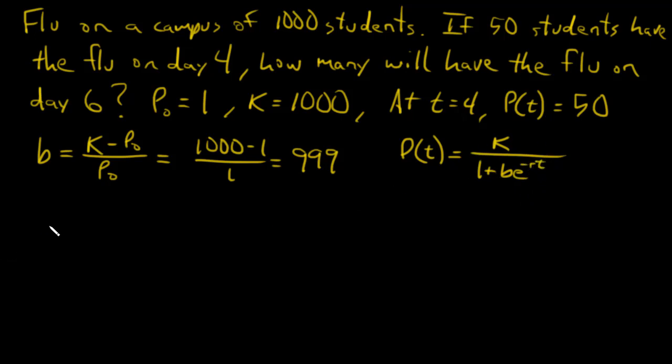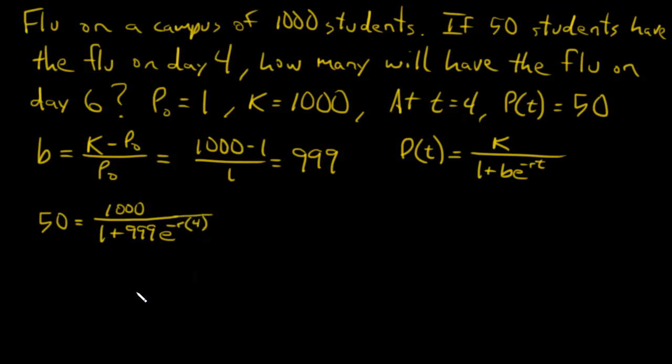Okay, so we're going to have 50 is equal to 1,000 over 1 plus 999 for B times E to the negative R times T. What is our T? Well, T is 4, that initial condition.